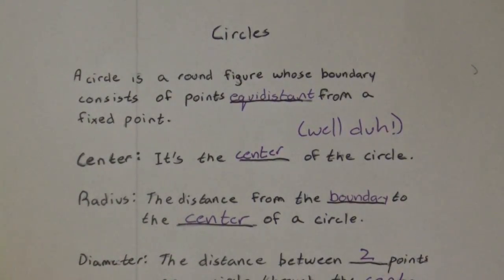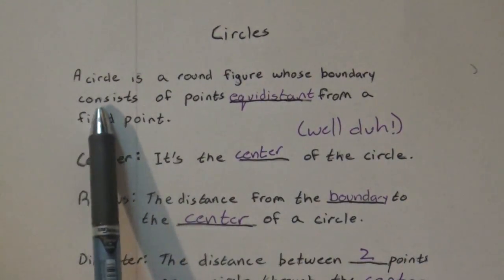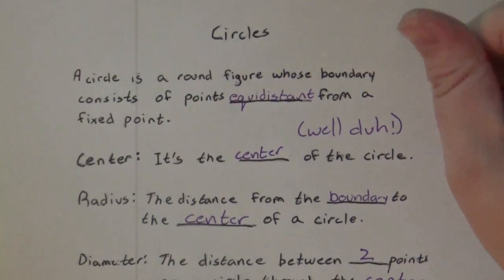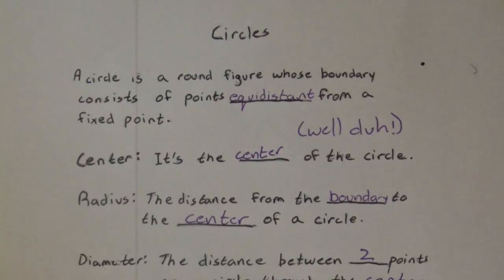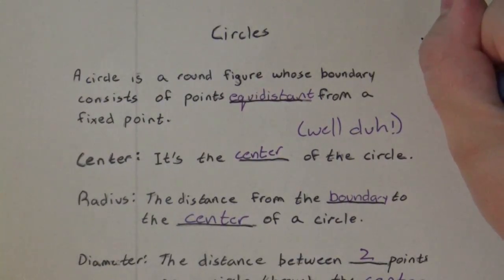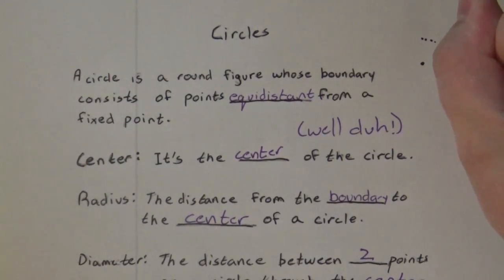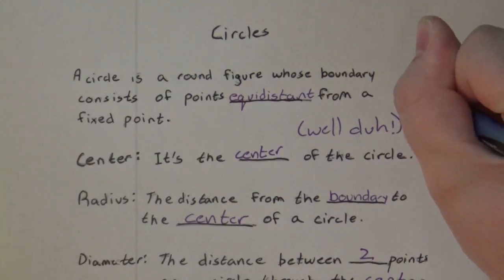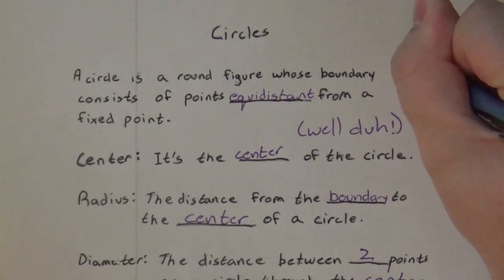All right, so a circle is a round figure whose boundary consists of points equal distance from a fixed point. What does that mean? It means that if I have a point right here and I start making points that are equal distance, from here to here, from here to here, all of these points are the same distance around. Well, that's what it's saying.